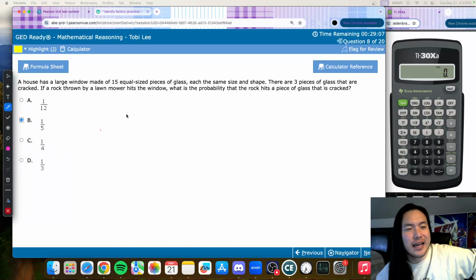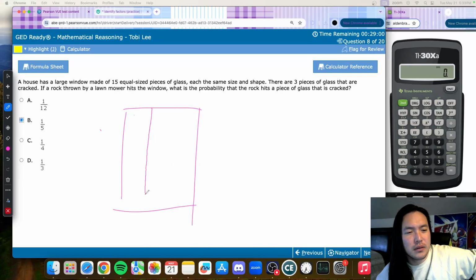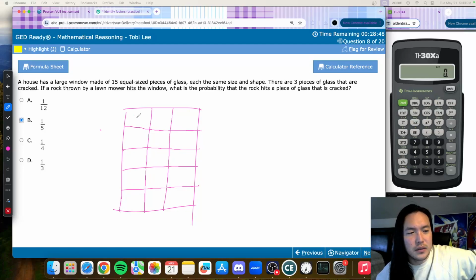So they're saying that we have a big window, and the window has 15 pieces, right? Here we have 1, 2, 3, 4, 5, 6, and so on up to 15.